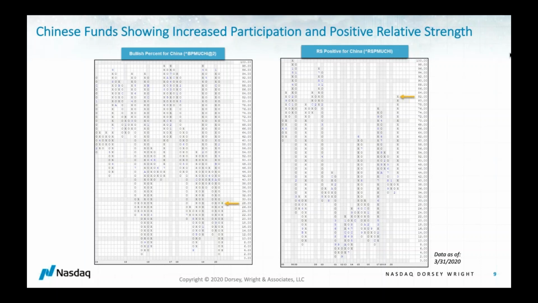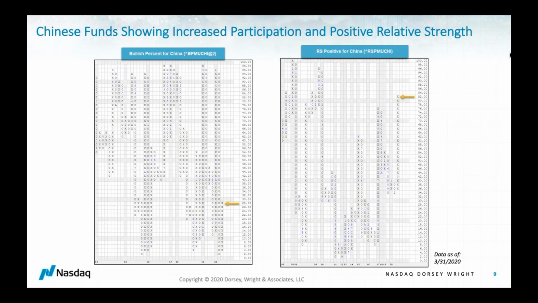And we can see that throughout the end of January and early February, on this particular bullish percent chart, the chart did reverse down from 96%. So 96% of Chinese funds that we have here were on a buy signal, then moved significantly lower, all the way down to 2%. So it did indicate some weakness right towards the beginning of the year.